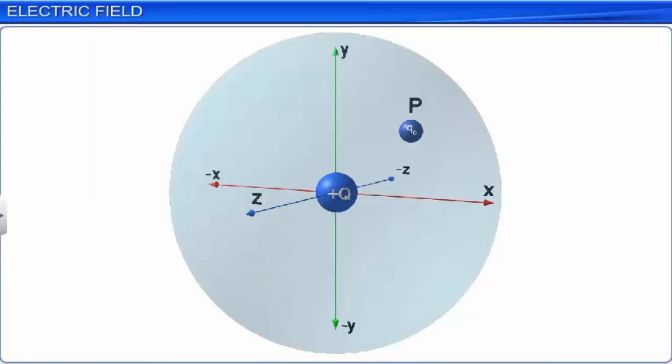An electric field is a region in which the influence of a charge is felt. Since charge Q produces this electric field, this charge is called the source charge.